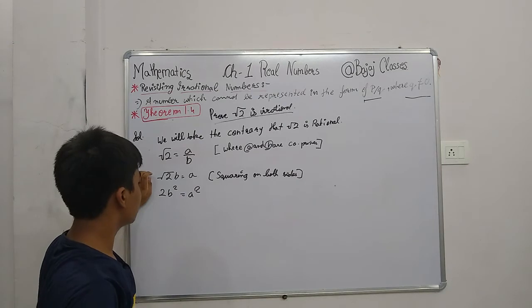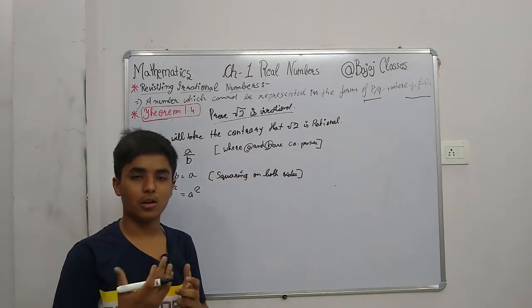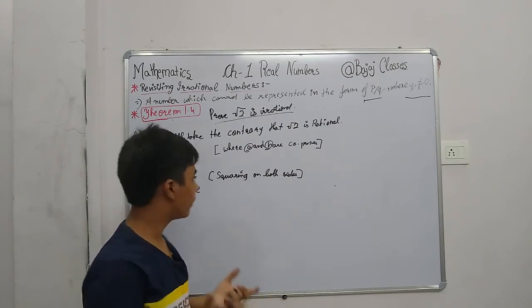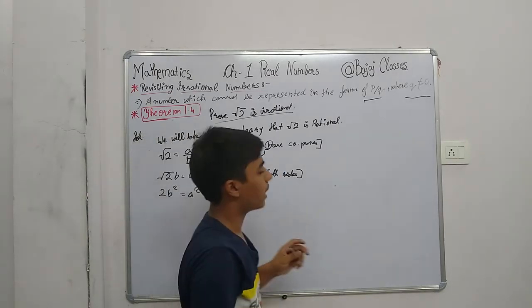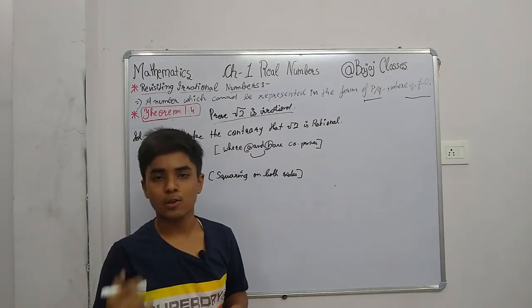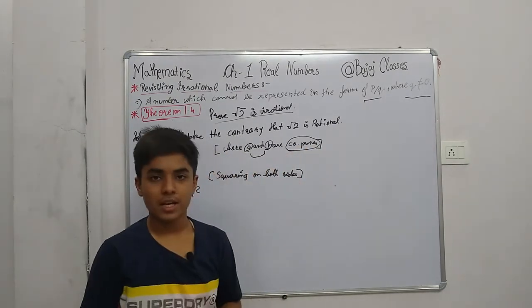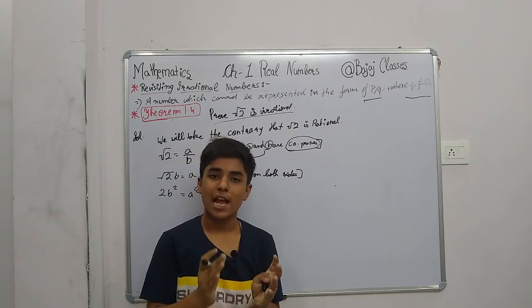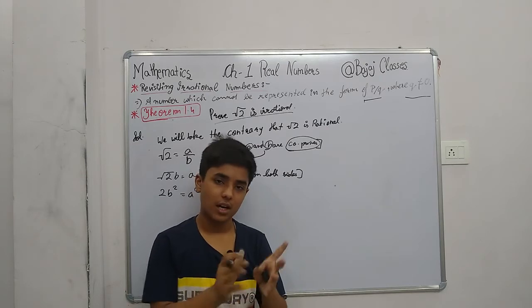Now we will be a little bit tricky in this proving. The main term that we are using in this proving is co-primes. We know that co-primes are two or more numbers which don't have any common factor other than 1.